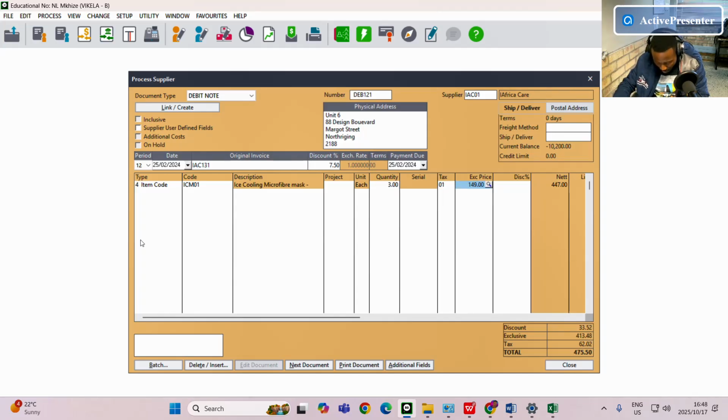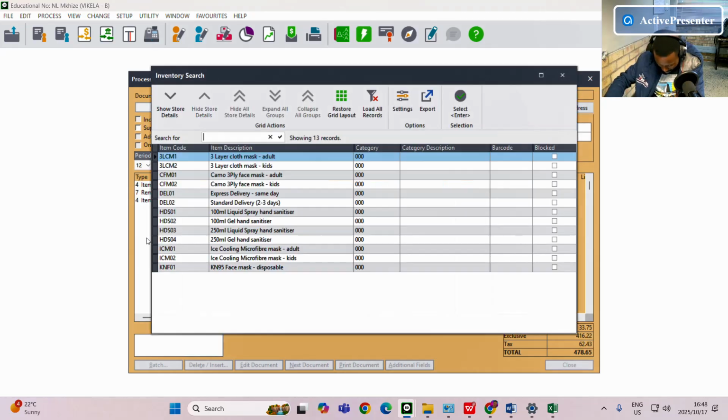Unit price, I'm gonna look at the original invoice. Yes, no, it's 149,99. That was the original. Count 7. Enter. I'm just gonna do it as it is. It says sling broken. Enter.